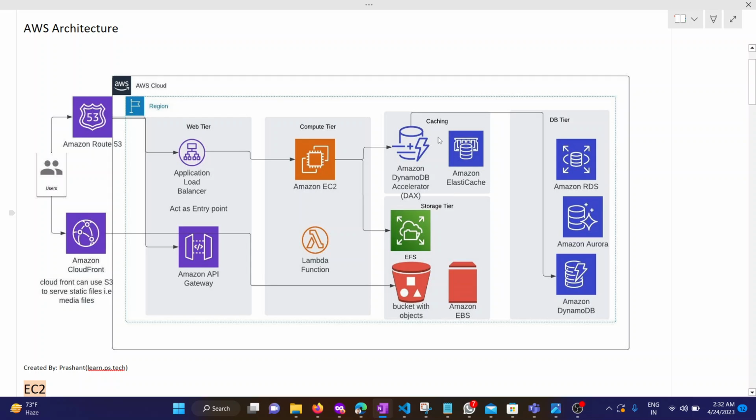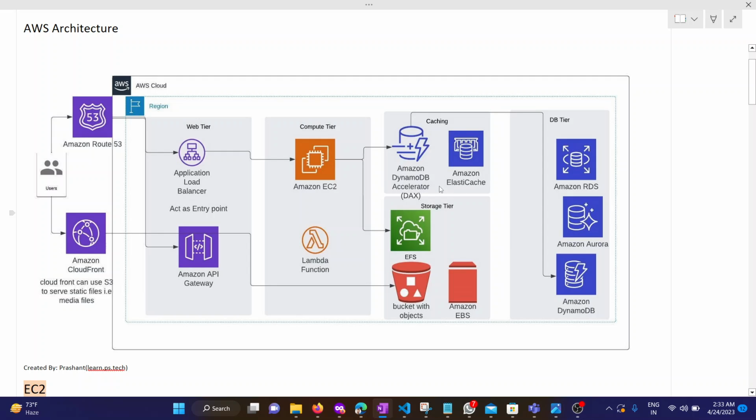Now comes the caching. The caching part is basically to make your website faster. Suppose the front page is loading, for that it can use CloudFront. CloudFront will directly fetch data from S3, so you can see here CloudFront can use S3.